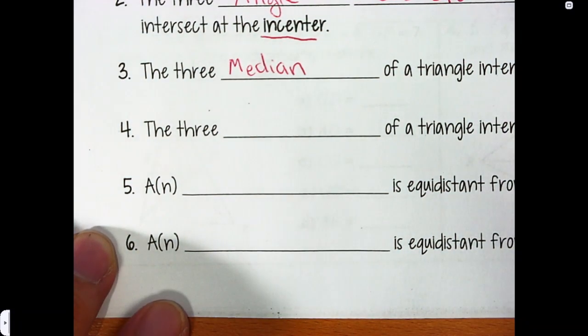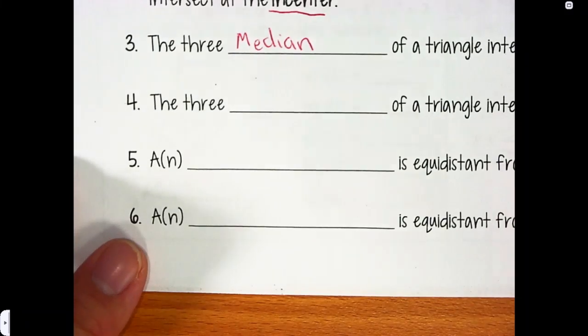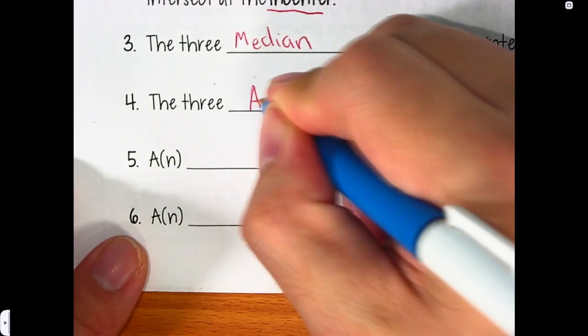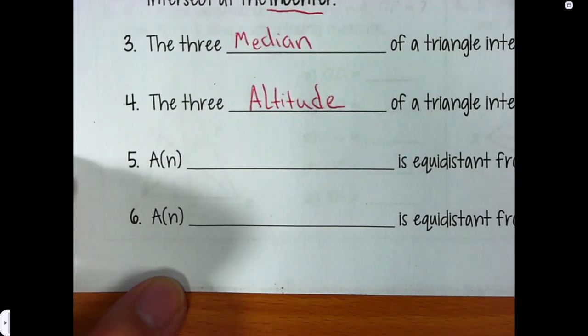You can do this. You don't have to. You can actually stop early. Consider this yourself. Orthocenter is from altitude. The notes are right there. So the altitudes of the triangle will intersect at the orthocenter.